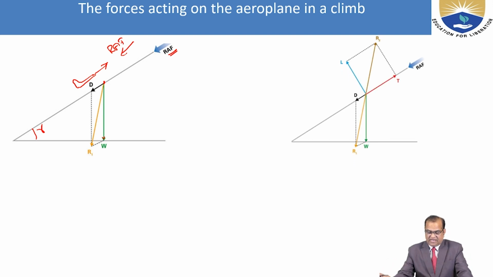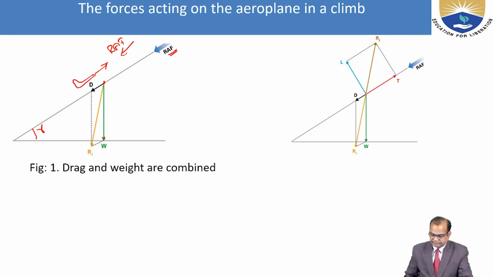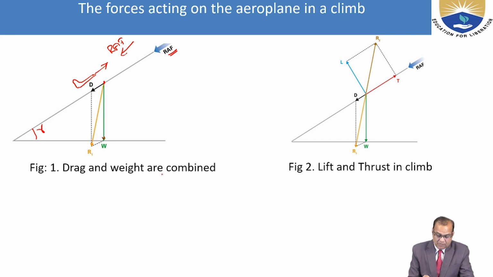And if you see another diagram here, drag and the weight are combined. So the net effect in this case, when the aircraft is climbing, opposite to this thrust, you have D plus W sine gamma. This is your D, this weight component is W sine gamma. So thrust is equal to D plus W sine gamma.